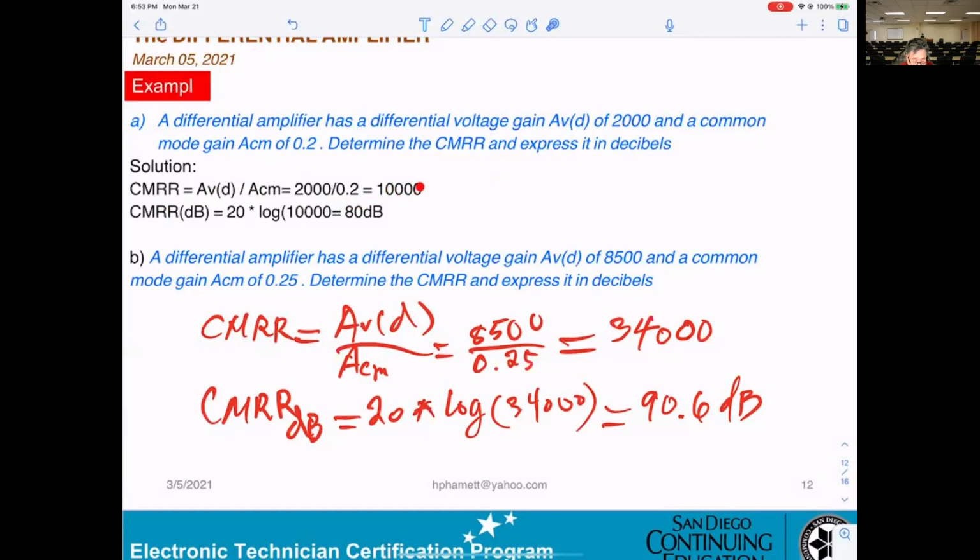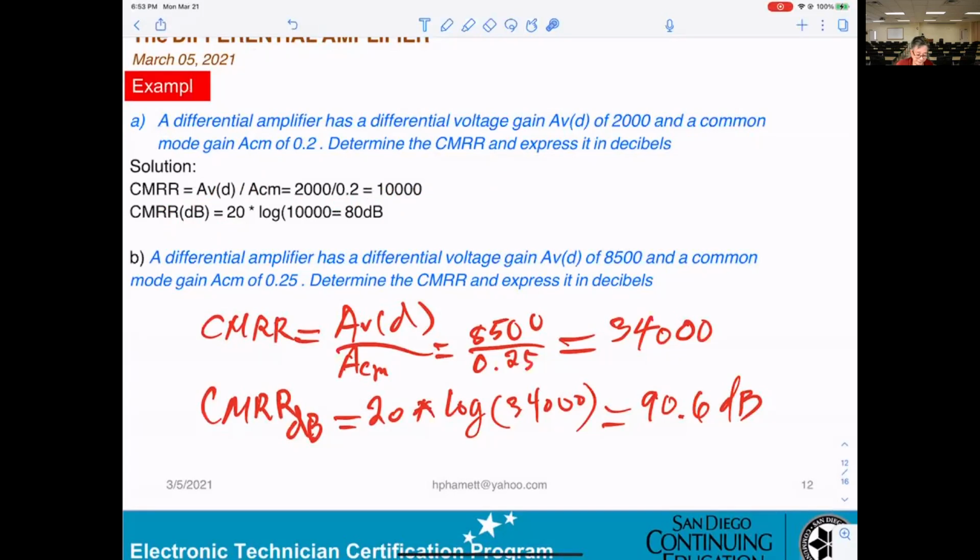You get 10,000. Okay? And CMRR in dB, using the formula, 20 log of 10,000, you get 80 dB. And make sure you understand that the higher the number for common mode rejection ratio, the better the system.